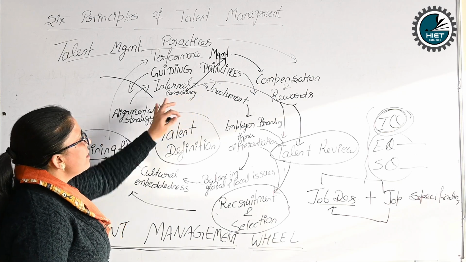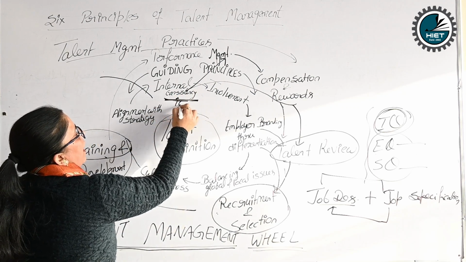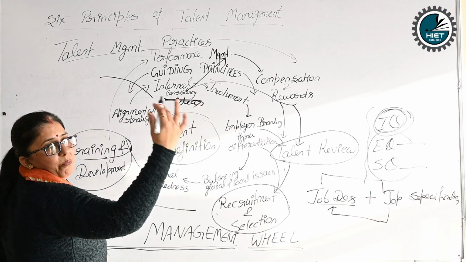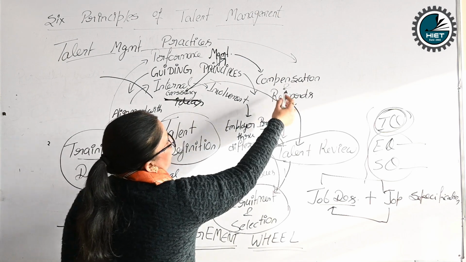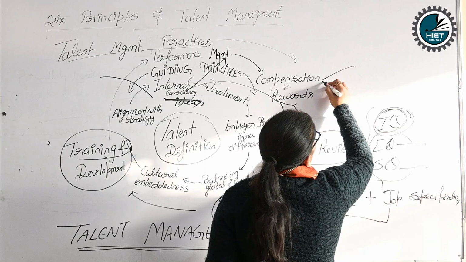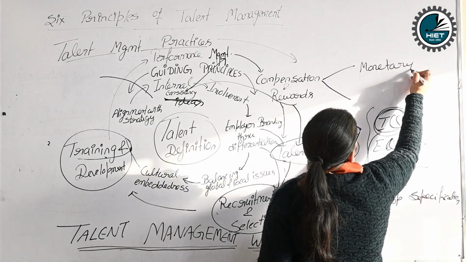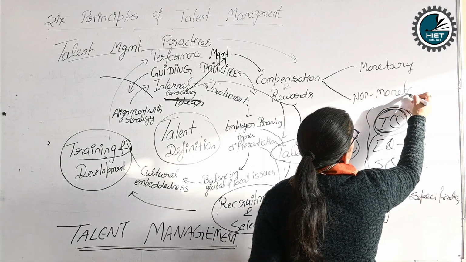So internal consistency means the ideas which are working behind the different principles or different policies. For example, for deciding compensation and rewards, these may be monetary or non-monetary.